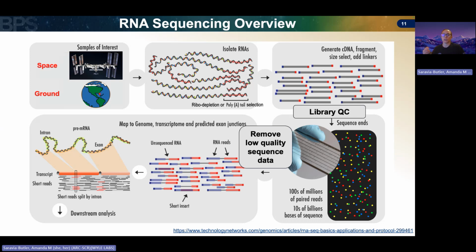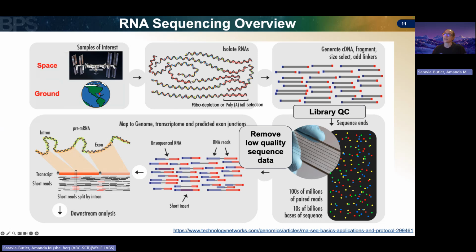You're going to isolate your RNAs from all of your samples. And after you isolate your RNA, keep in mind from our sequencing overview lecture in the GL4U intro module set, it's important for RNA sequencing data that you remove ribosomal RNA. And so we talked about different ways you can do this.